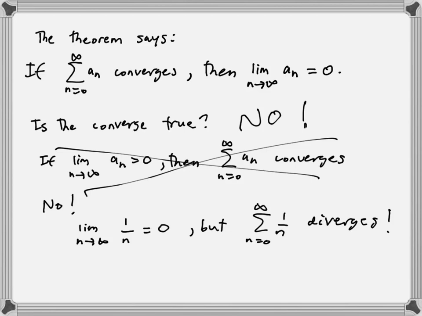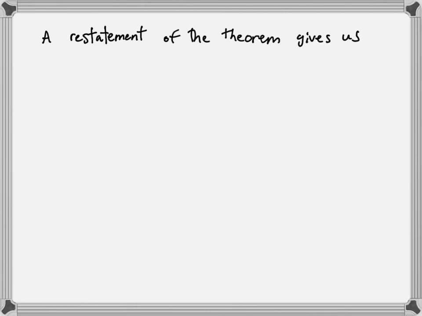So be careful. So then why is this theorem useful? Well, the theorem is not useful to find a convergent sequence, but it is useful for finding one that diverges, okay? A restatement of the theorem gives us what we call the test for divergence.